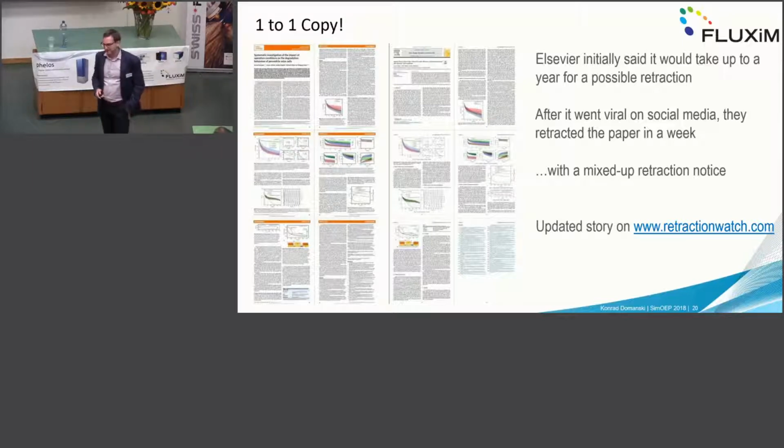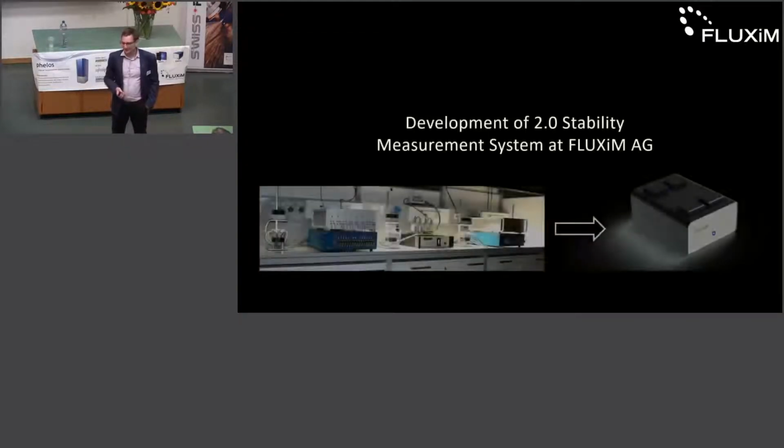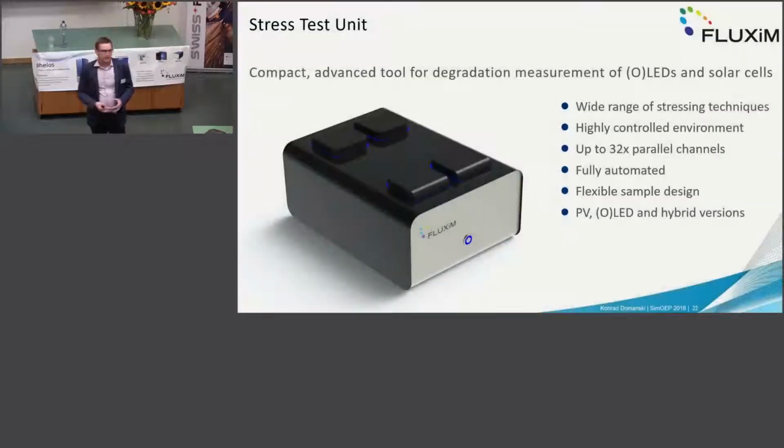Then finally, the very last part of my talk is what I'm doing at Fluxim right now, which is to take what we built at EPFL, improve it, and put it into a product that can be used to measure stability reliably and with a high degree of control of the environment.